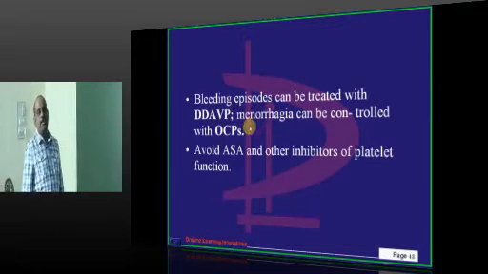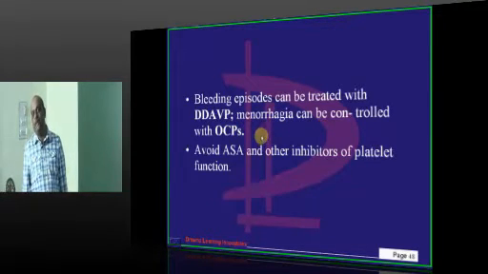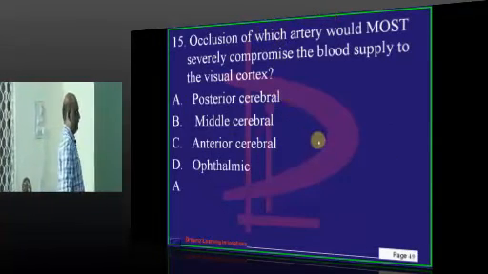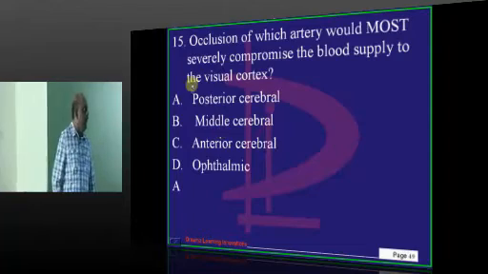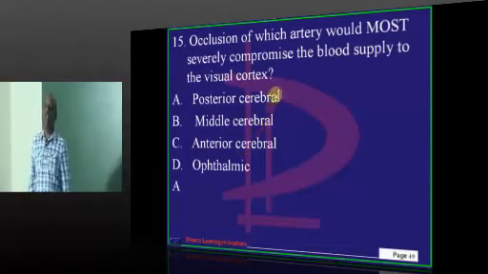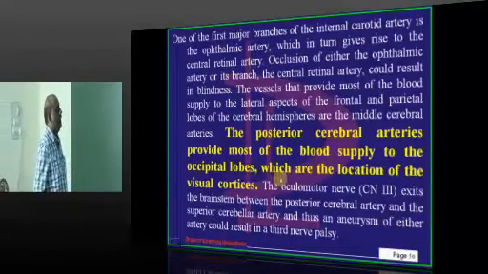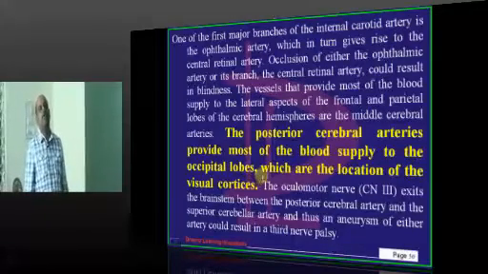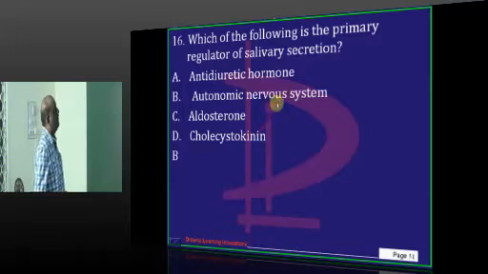And bleeding episodes are very well treated with vasopressin, DDAVP is what you have to fundamentally remember. It is the posterior cerebral artery which will be supplying the occipital lobes where our visual cortex is located, is what you have to remember.